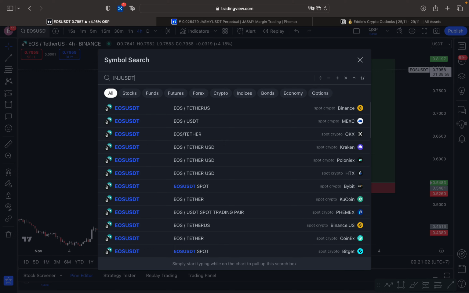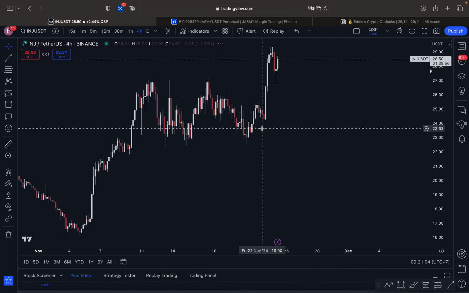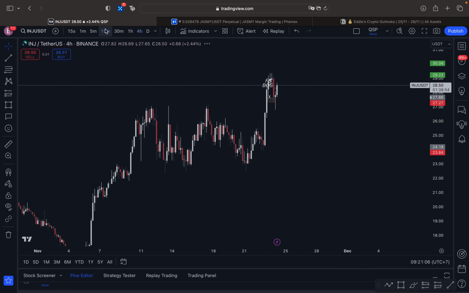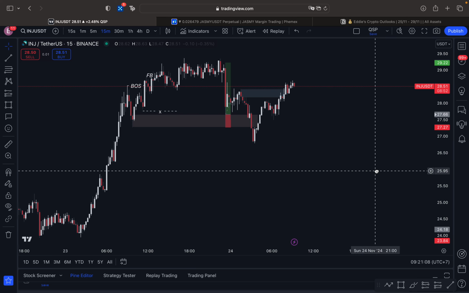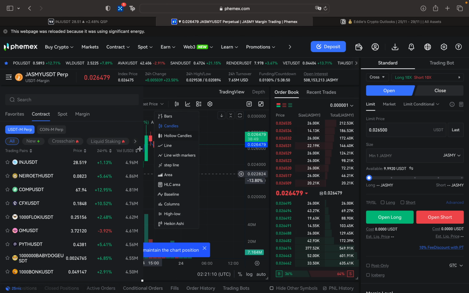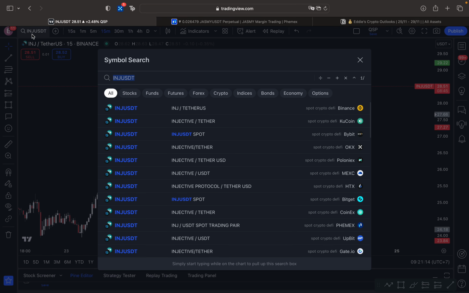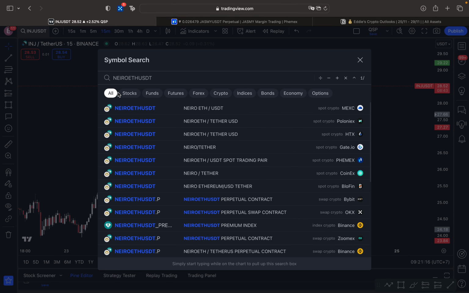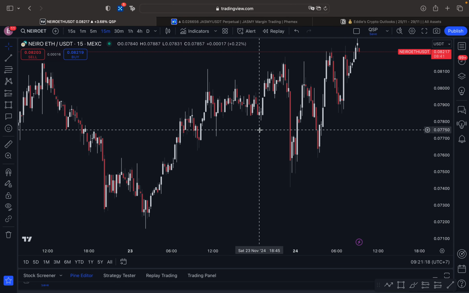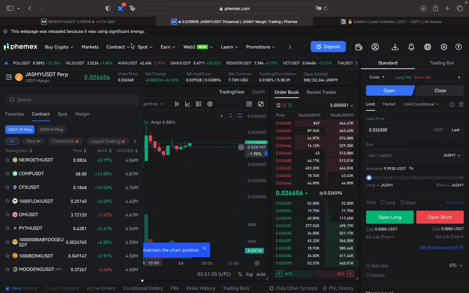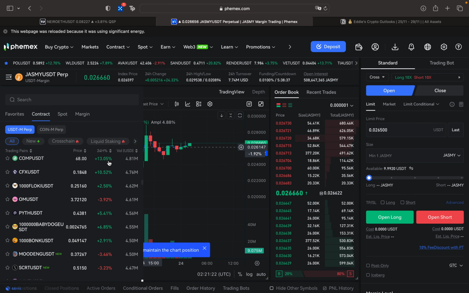Objective. This is a hard pair to trade. Naira ETH. Nah, this looks like a crazy meme coin comp.